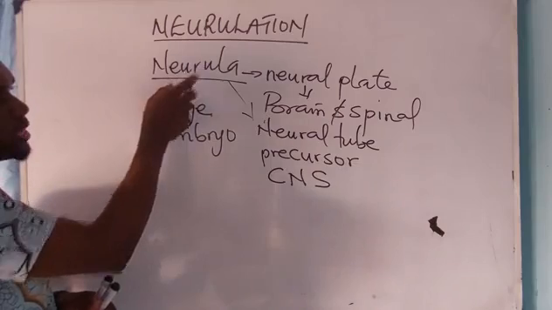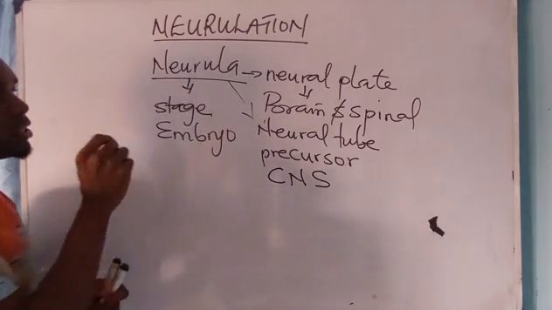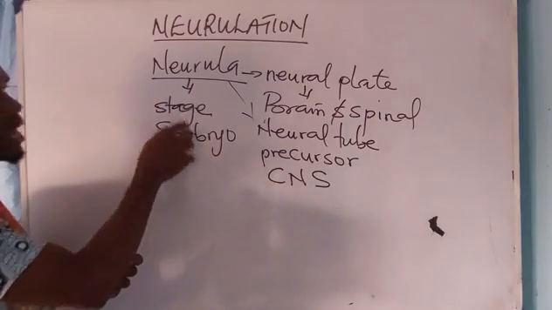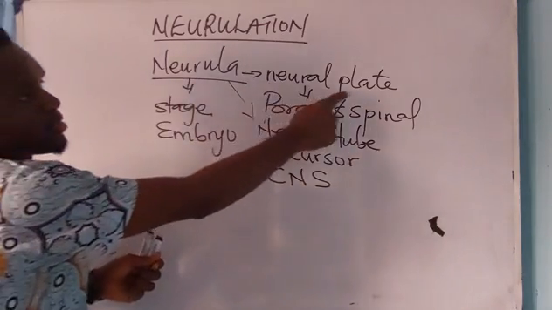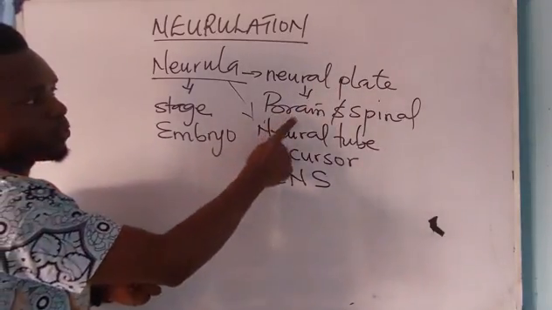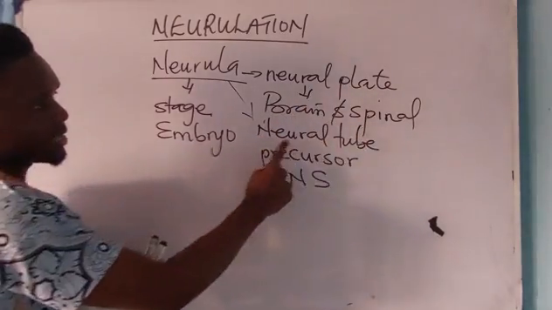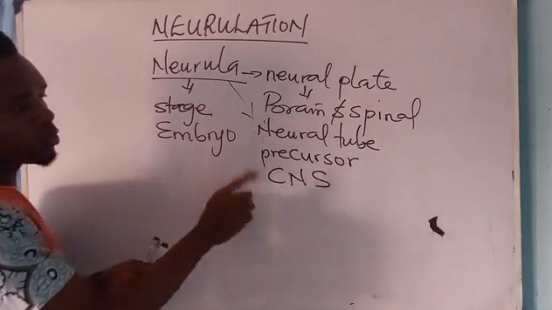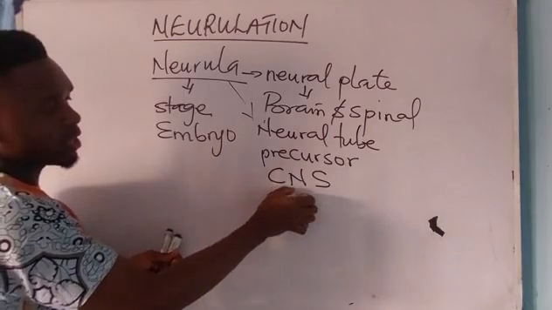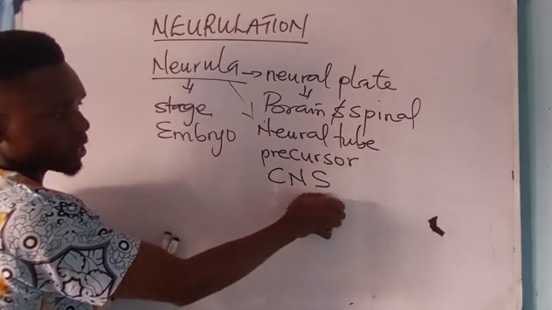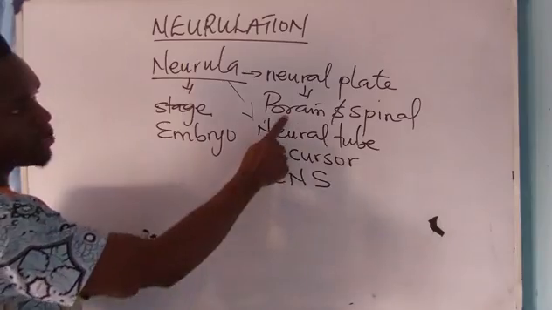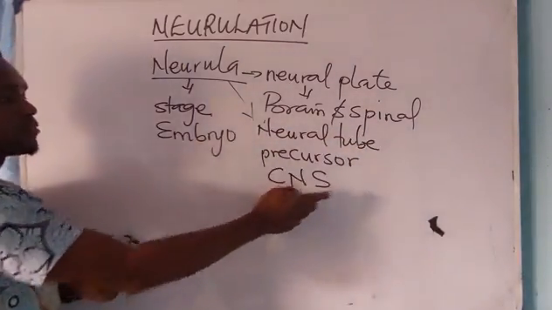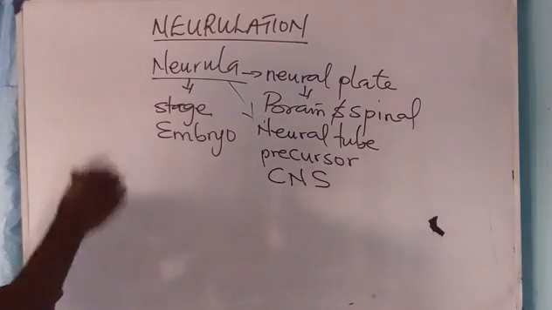I said that the neurula is the stage in the development of an embryo, that the neurula has the neural plates, which develop into the brain and spinal cord, and that the neural tube of the neurula is called the precursor of the central nervous system. Of course, the brain and the spinal cord are the constituents of the central nervous system.